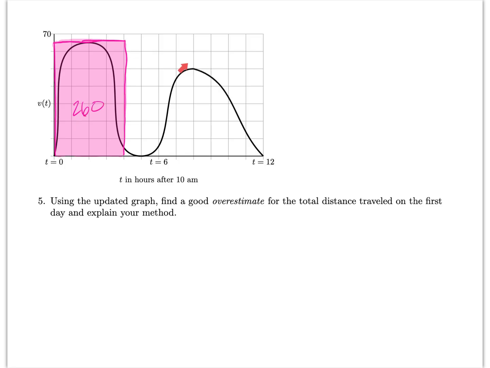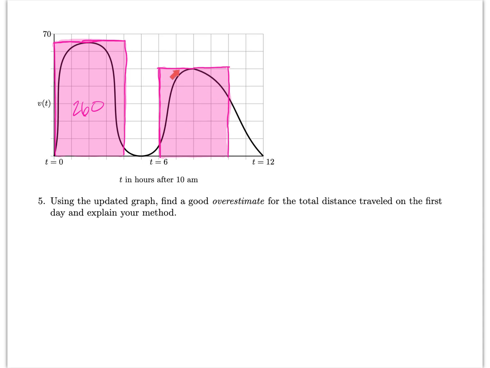And then this region over here, I'm going to use rectangles to overestimate it again. So I'm going to go to the very highest point on the graph and I'm going to do a pretty wide rectangle to overestimate this area. So you can see that pink rectangle is more area than is under the curve.